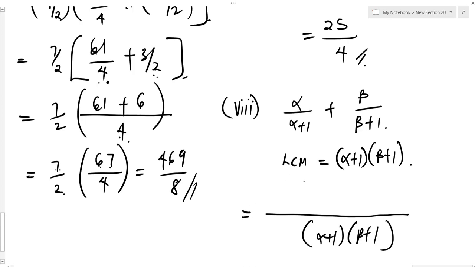Rewriting this fraction using the LCM, dividing the LCM with alpha plus 1, you have beta plus 1. So beta plus 1 times alpha will give you alpha times beta plus 1. Now dividing the LCM with beta plus 1, you have alpha plus 1. So plus beta times alpha plus 1.